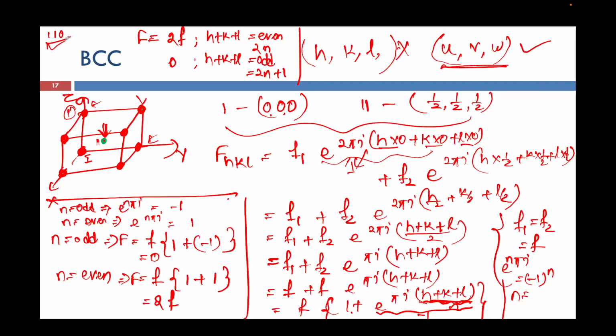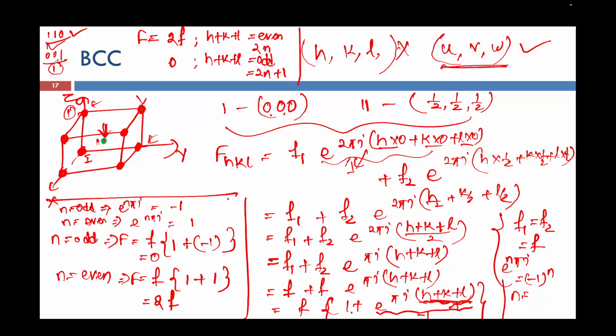If you are talking about a plane 0, 0, 1, that sums up to 1, so it is odd, and the structure factor will be 0.